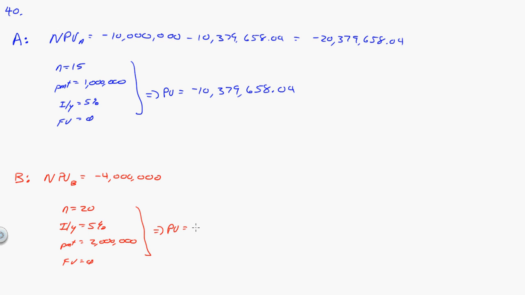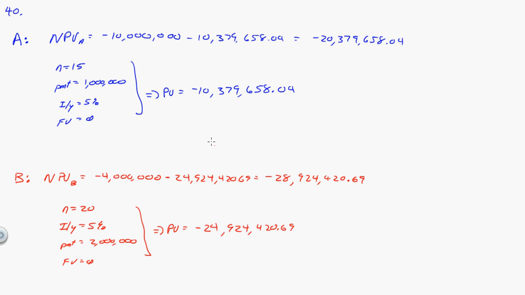And the present value is minus 24,924,420.69. So minus 24,924,420.69. This is equal to minus 28,924,420.69.